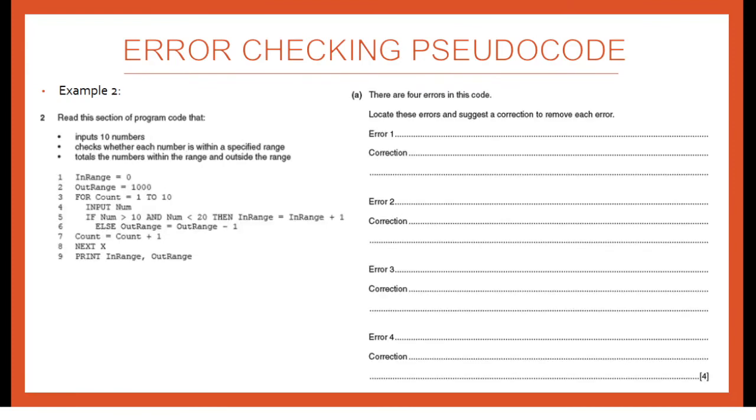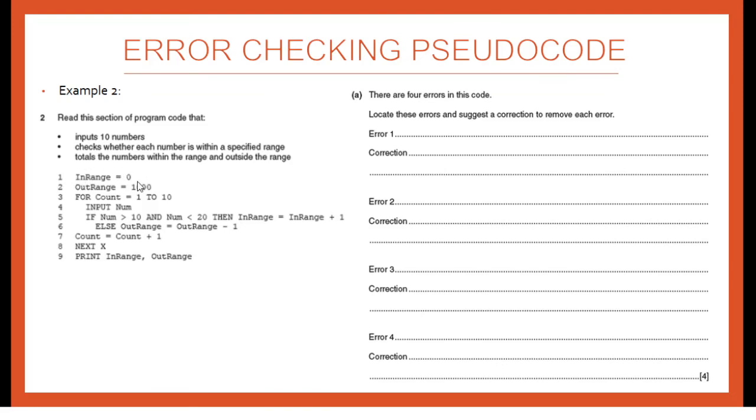Example 2. Here, we are required to spot 4 errors. Let's first read the algorithm. This algorithm is used to input 10 numbers, check whether each number is within a specified range, and totals the number within the range and outside the range. Let's see.